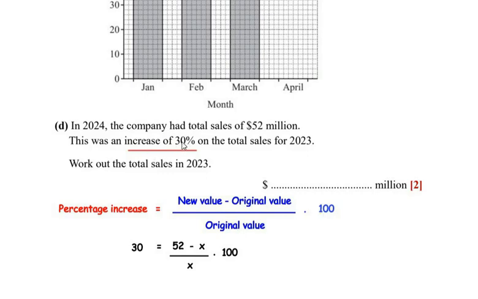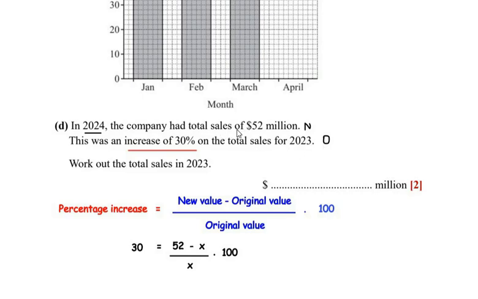Now since the increase in percentage, that is percentage increase, is given as 30%, let us write here 30 under percentage increase is equal to, now here in 2024 the total sales were $52 million, so this becomes the new value, and 2023 is the previous year, so this becomes the old value or the original value.